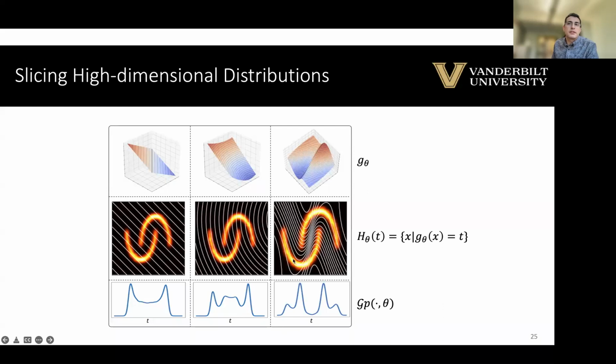Or these g thetas can become much more complicated. Here we are actually using a neural network with some regularity conditions to generate these. But nevertheless, you can generate these one-dimensional distributions. And if this g theta satisfies some conditions, you can recover your two-dimensional distributions from infinitely many such one-dimensional slices.